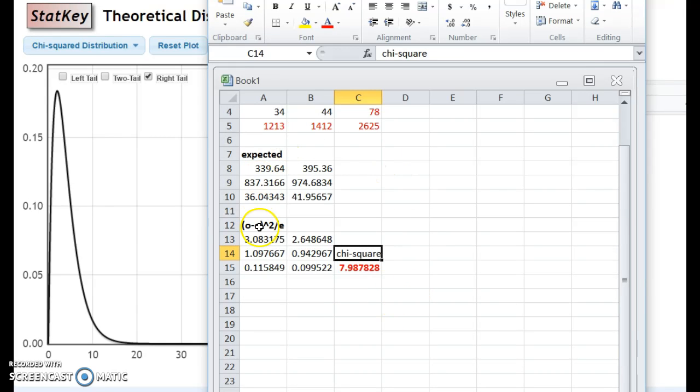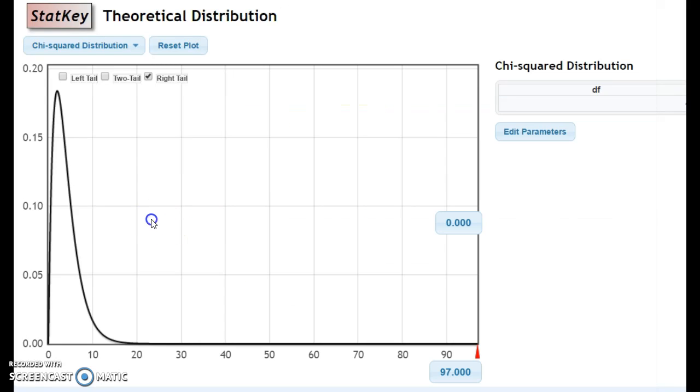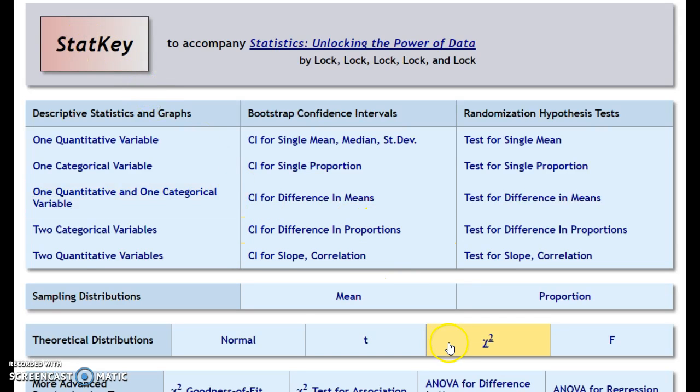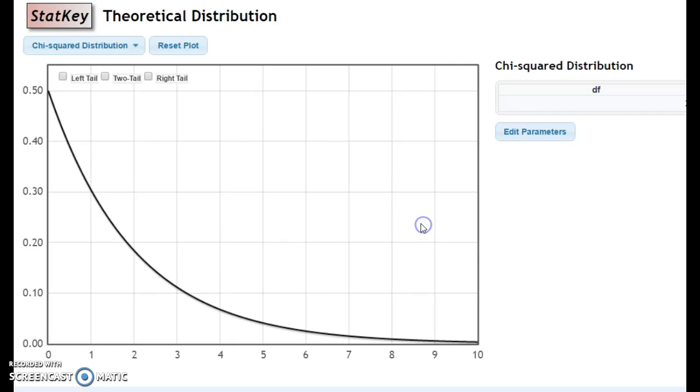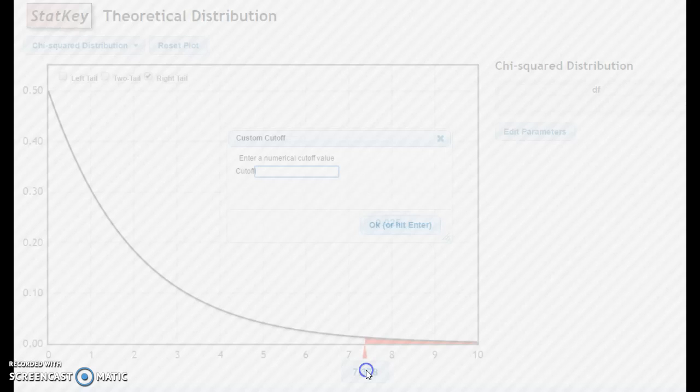If I look back at the previous example, the one where we had 2 degrees of freedom, the chi-square, let me just put it in as 8. Just hit chi-square again. Tell it 2 degrees of freedom, and I can just say right tail of 8.